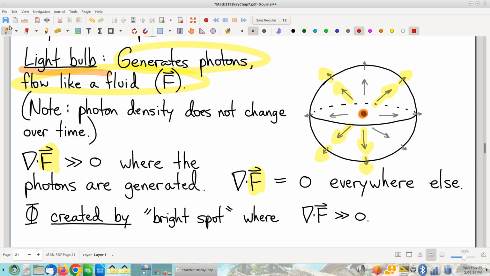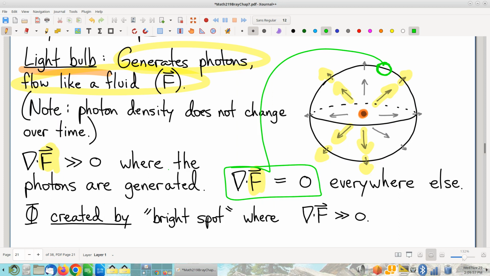And specifically, let's look in different places. If you look out here, away from the actual light source, and ask, what's the divergence in this general vicinity? You will get 0. There's no divergence out there.